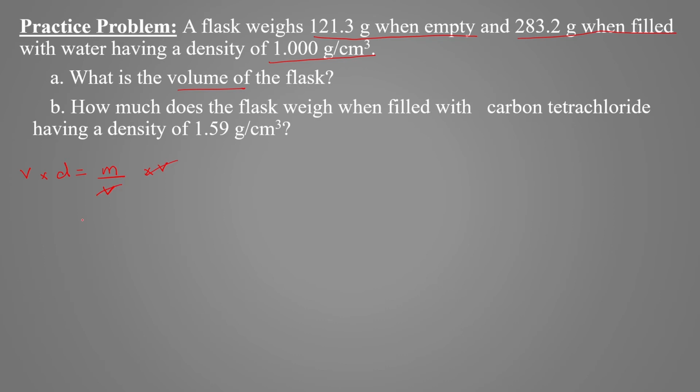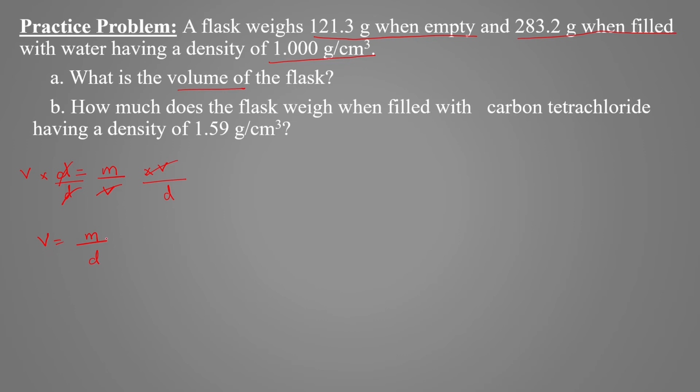So this will be cancelled from here. We also want to move this density from here. The density is right now being multiplied. If you want to get rid of this, you will be dividing it on both sides of the equation. This will be cancelled from here, and your formula will be volume equals mass over density.